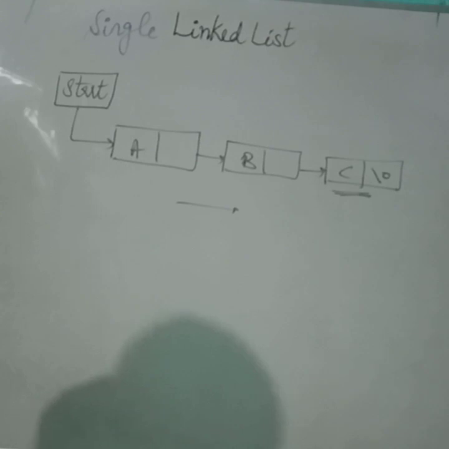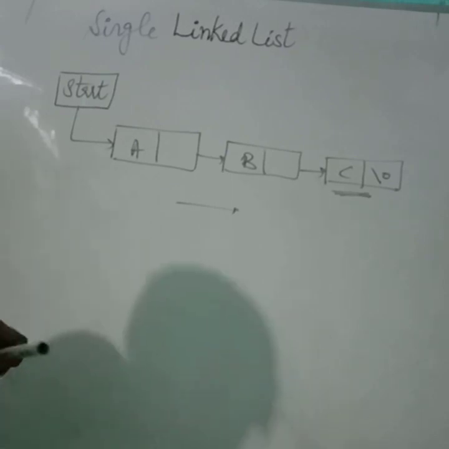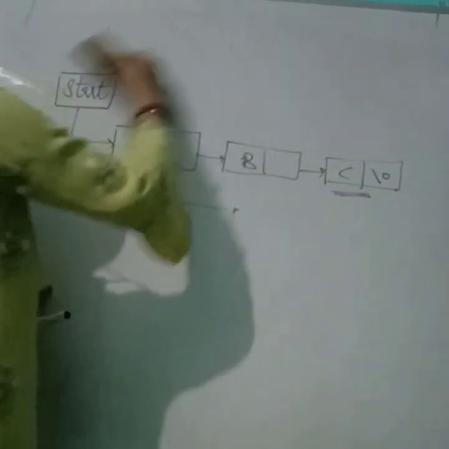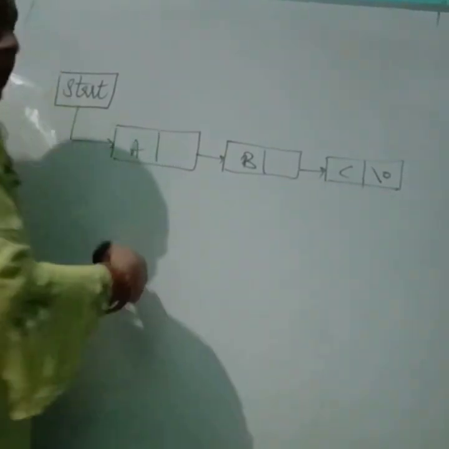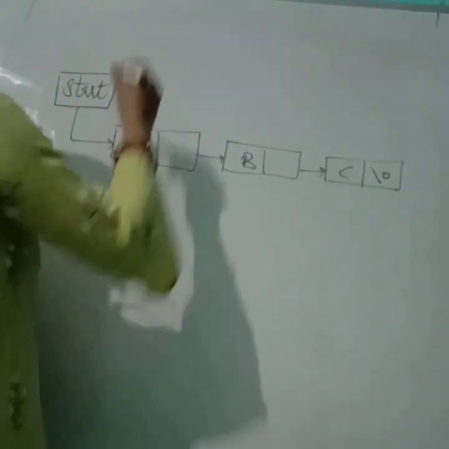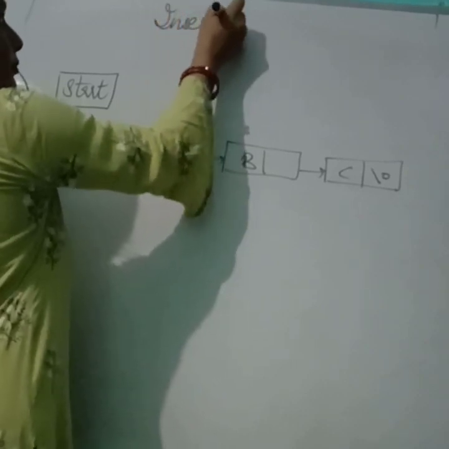Now, how we will perform the operations on linked list? So, first of all, we will discuss the insertion operation on the linked list. Now, insertion can also be done in multiple manners. First of all, we will discuss the case insertion at beginning.